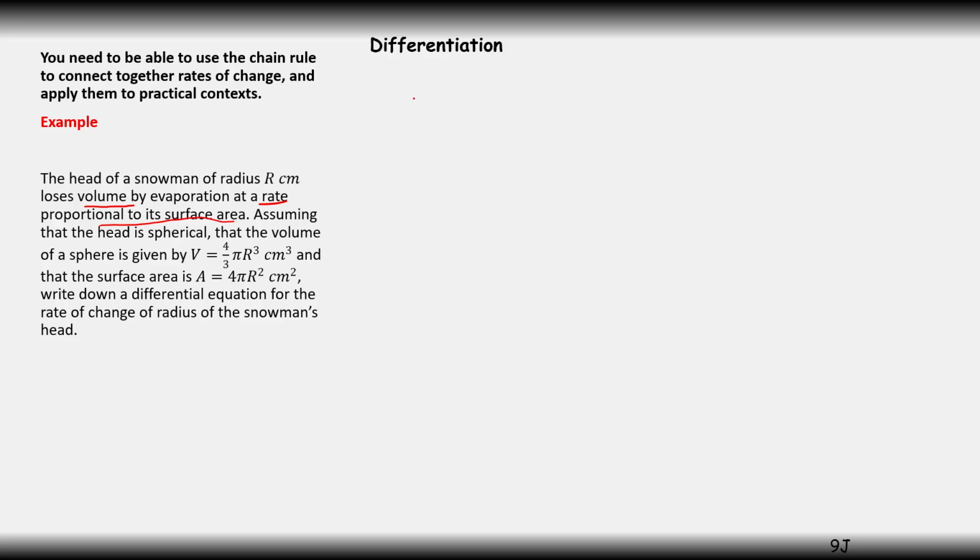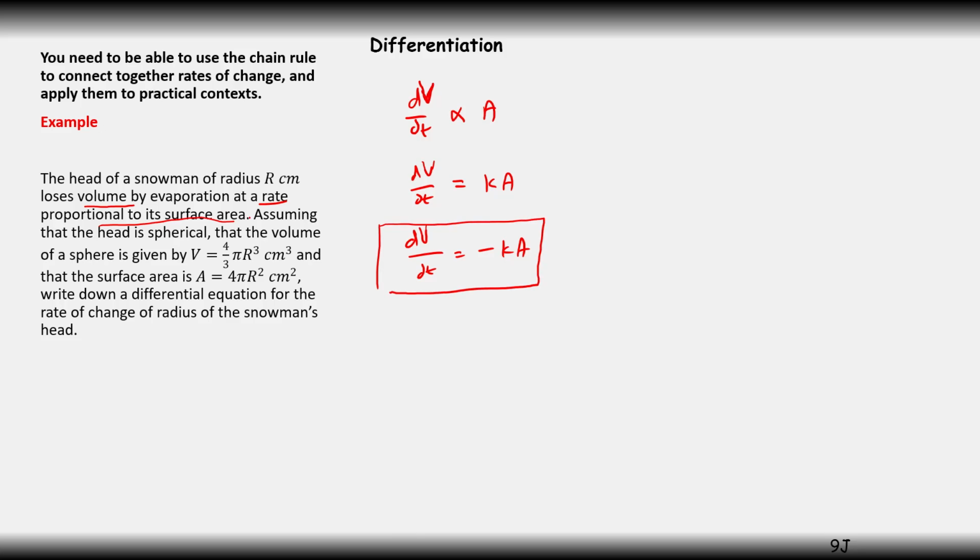So volume is V, so dV by dt is losing volume at a rate that's proportional to the surface area, which is A. So we can write that dV by dt is equal to a constant of proportionality k times A, but because it's losing volume, dV by dt is equal to minus k times A. Okay, so that's dV by dt. That's our first line done.